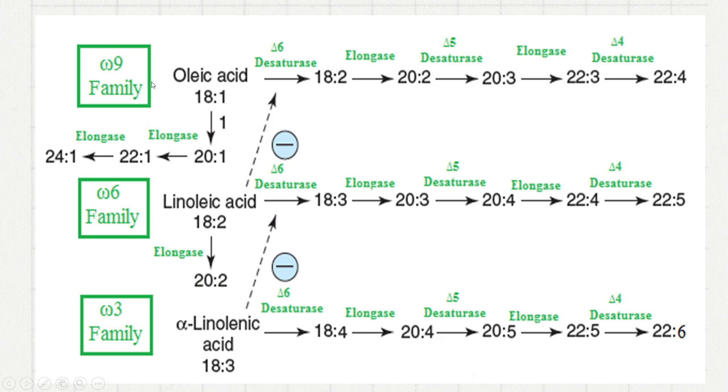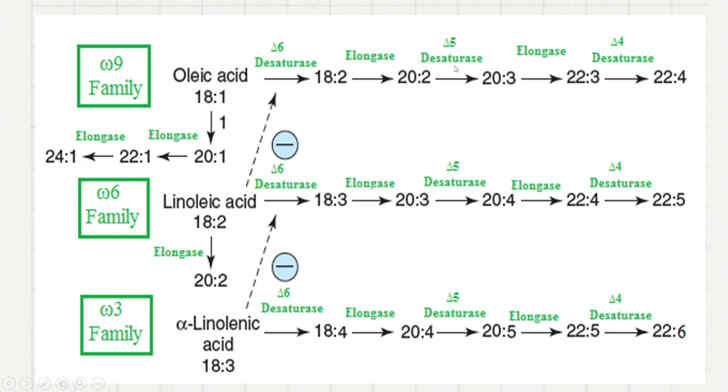So, in the body, oleic acid and saturated fatty acid can be used to create the omega-9 family by a delta 6 desaturase, which will introduce a second double bond. An elongase will convert 18 to 20 carbon fatty acids.